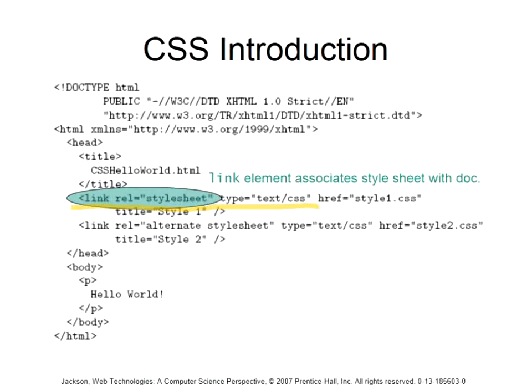So this is a link to an external file. We write link rel equals stylesheet type equals text/css, and after that we specify the URL or the name of our CSS file with href equals style1.css. So this is the first manner.